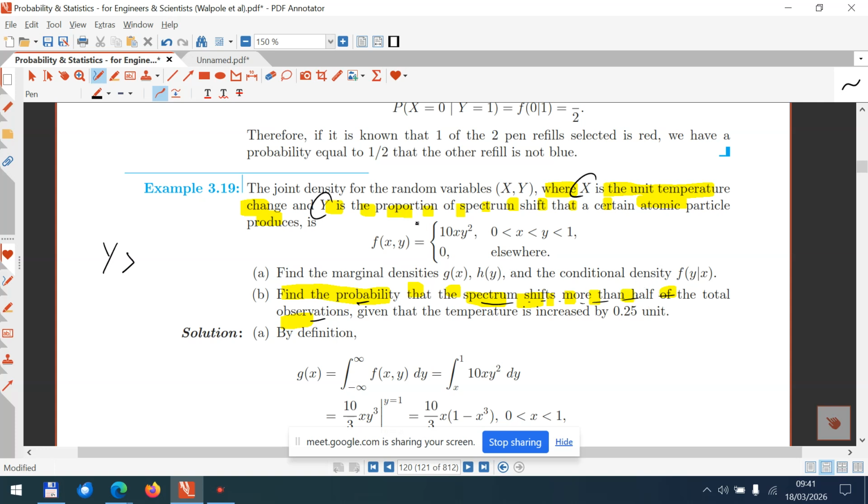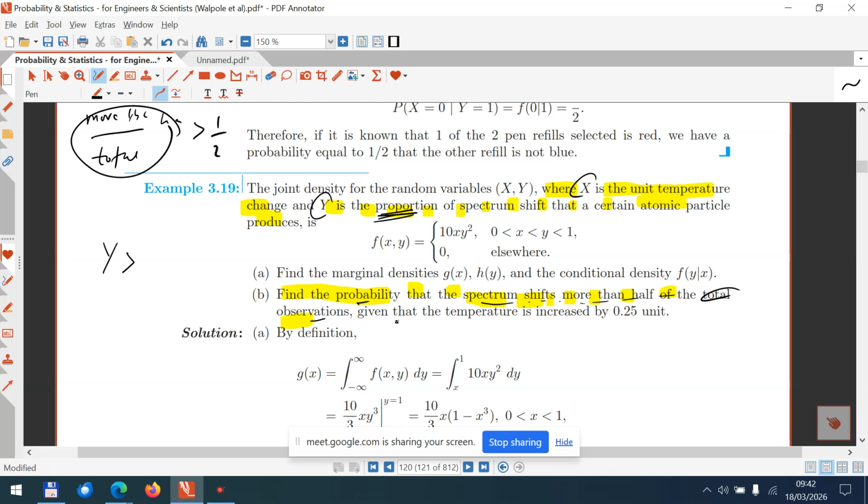Remember, y is the proportion. When you say more than half of the total, this ratio will be greater than half.